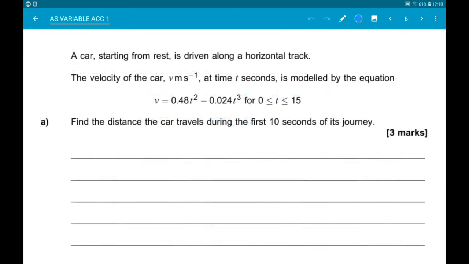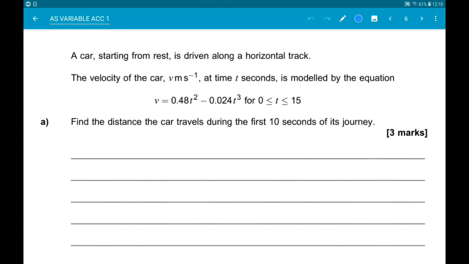Question 2. A car, starting from rest, is driven along a horizontal track. The velocity of the car, v meters per second, at time t, is modelled by v equals 0.48 t squared minus 0.024 t cubed, for t between 0 and 15.